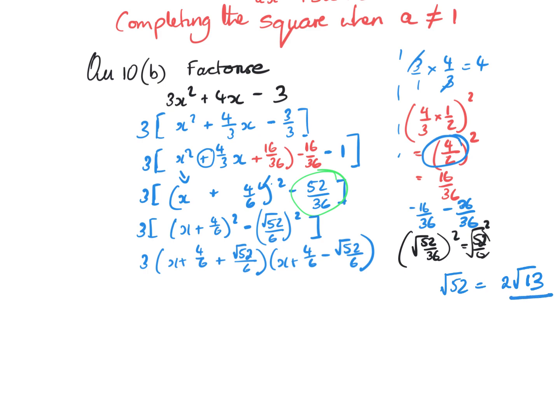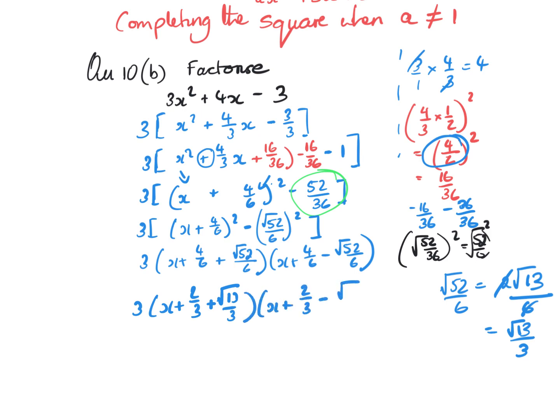And it's on 6, so that will cancel with that, and we're left with root 13 on 3. 4 on 6 also simplifies, so let's just tidy this up now, and we've got 3 times x plus 2 on 3 plus root 13 on 3, times x plus 2 on 3 minus root 13 on 3. So you can see a lot of work. They are the harder ones, but the process is the same. They just need some practicing.